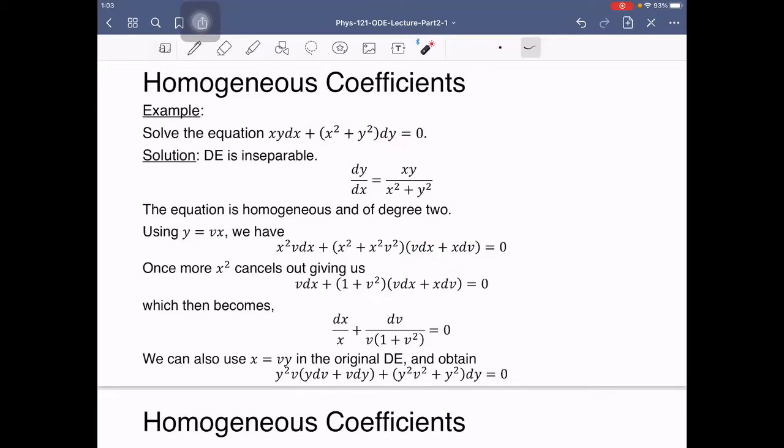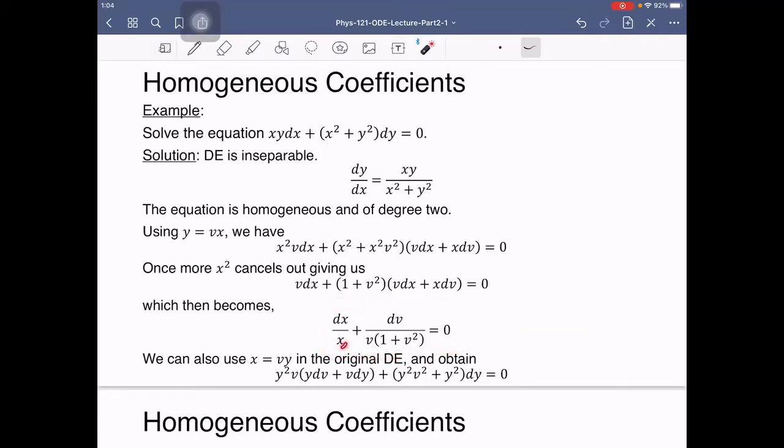So, we can factor out yung x squared, pero since may 0 dito, we can just divide that. So, mawawala yung x squared. So, matitira na lang is v dx times quantity 1 plus v squared times quantity v dx plus x dv is equal to 0, which can be written as this one.